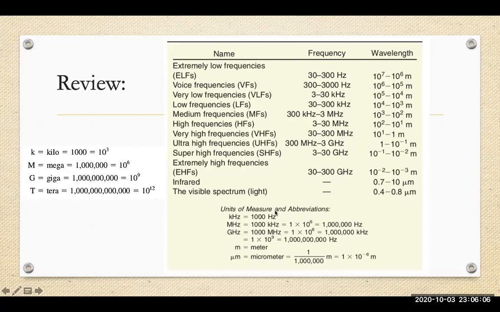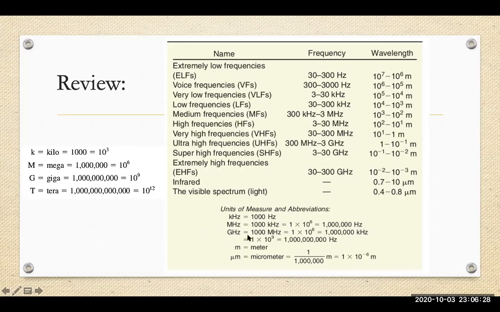Okay, so the units of measure and abbreviations again. When we say 1,000 hertz, you can also write it as 1 kilohertz. For 1 megahertz, this is equivalent to 1,000 kilohertz, or 1 times 10 raised to 6, basically 1 million hertz.